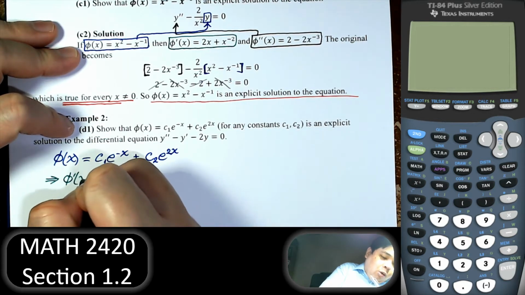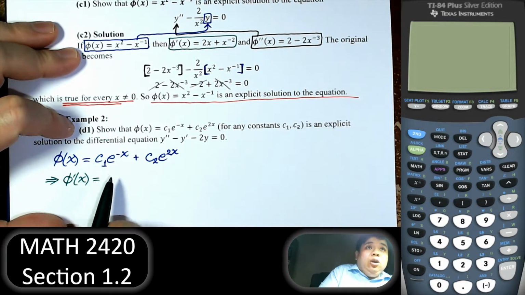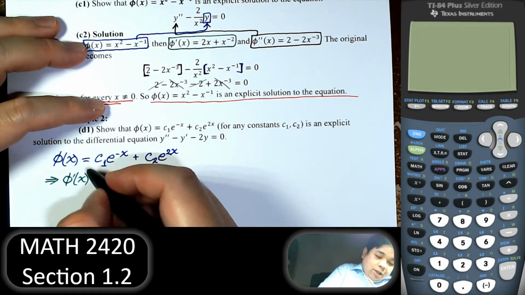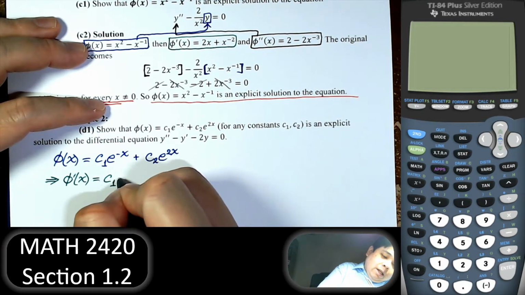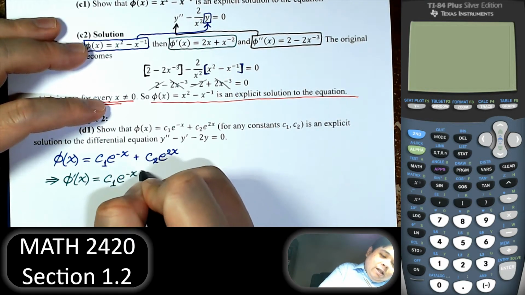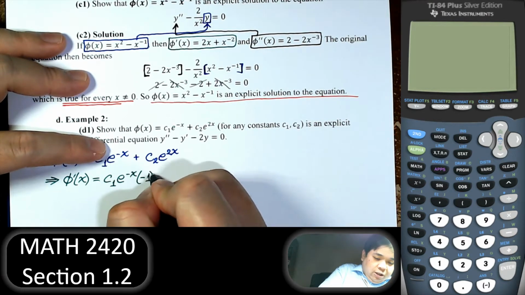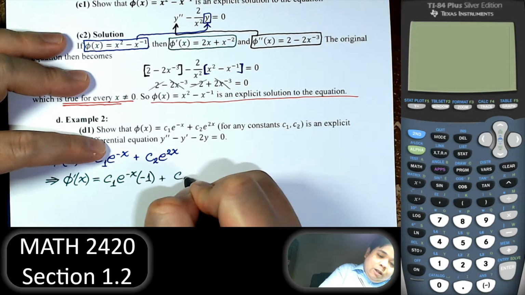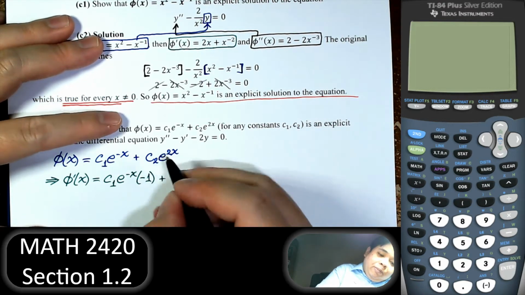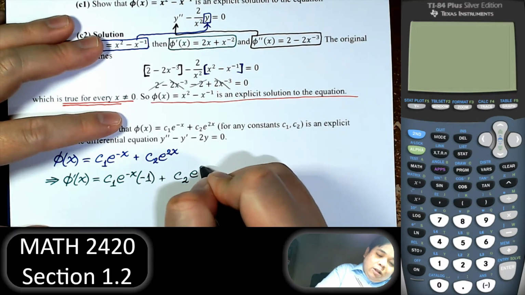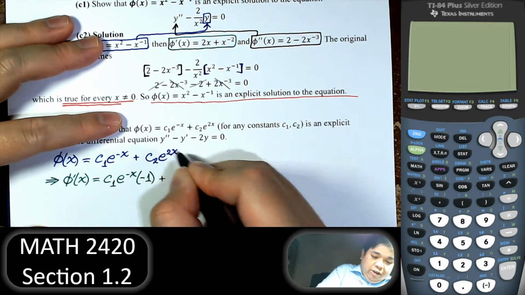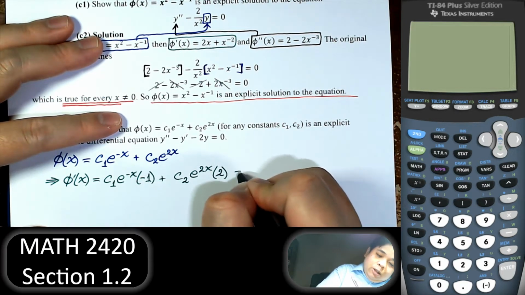Now we will take the derivative, phi prime of x. The derivative of e to the negative x is e to the negative x, and then we have to take the derivative of the negative x, which is negative 1. Same thing here, e to the same thing, and then the derivative of 2x, which is 2.